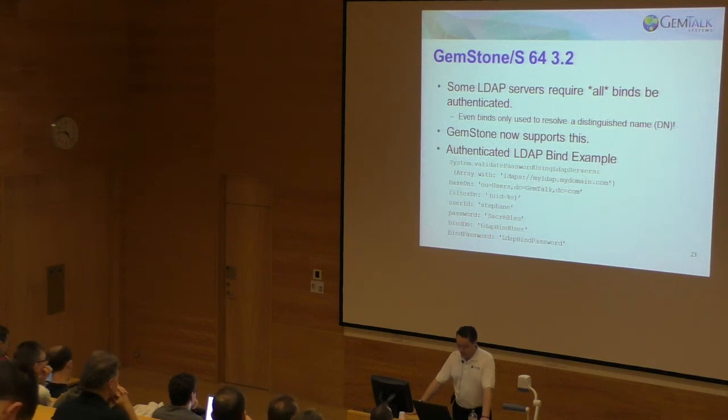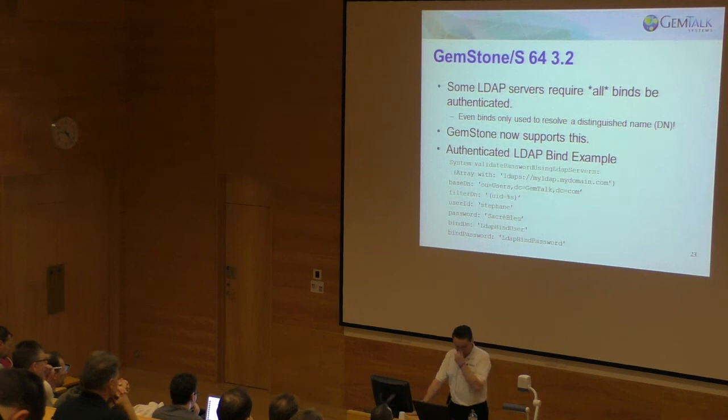I think it was one of the Glass or Faro customers that wanted this. They were using GemStone as kind of a third-party web server kind of thing, and they had a pool of VMs or gems out there, and they were calling out to an external system to authenticate logins for some site. And in order to do that, they had to do the lookup or the bind with a password, and we didn't support that until now.